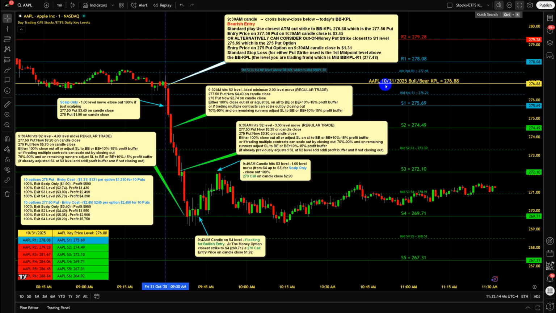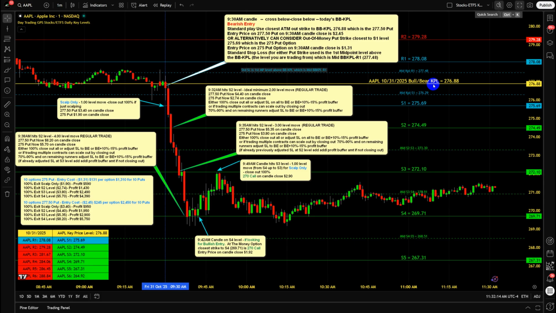And so if you're taking a bullish trade off of the bull bear KPL, the main R levels above are going to be your take profit levels for a bullish trade taken off the bull bear KPL.